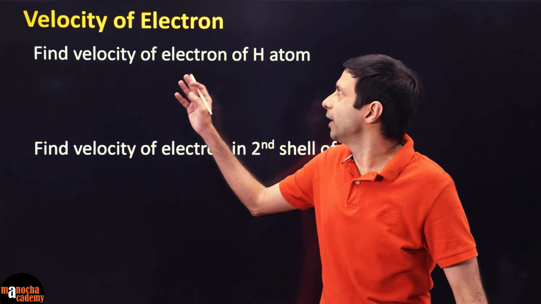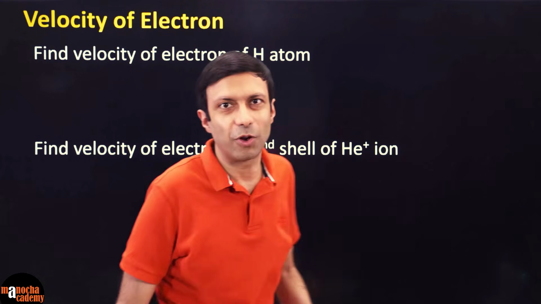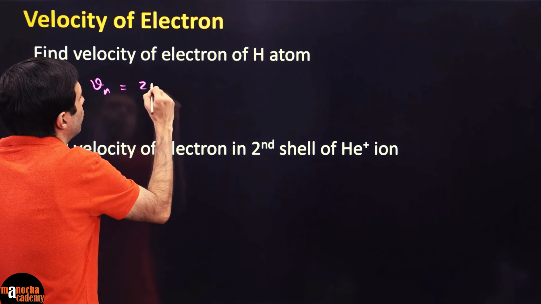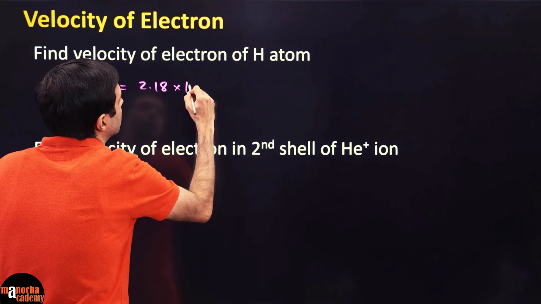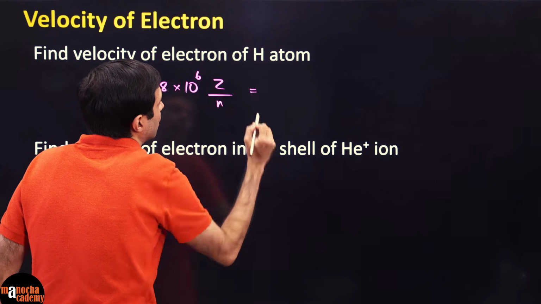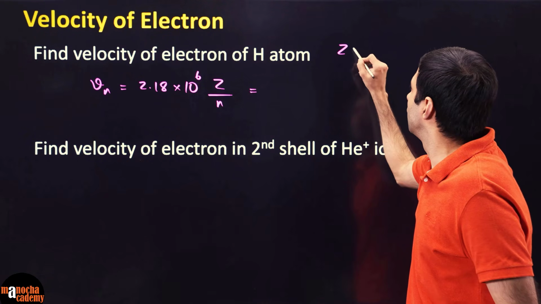So let's say we want to find the velocity of the electron in the hydrogen atom. So we can use that shortcut formula that we learned, that the velocity in the nth shell is 2.18 times 10 to the power 6 Z by N. In the hydrogen atom, we know atomic number Z equals 1.